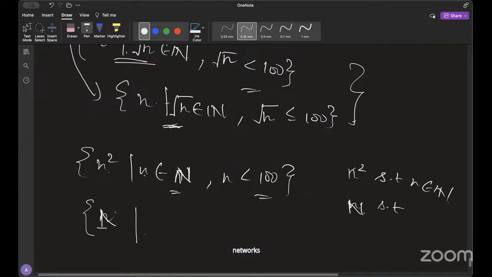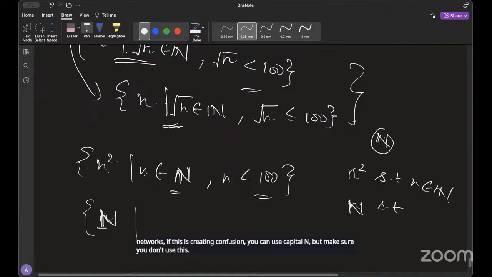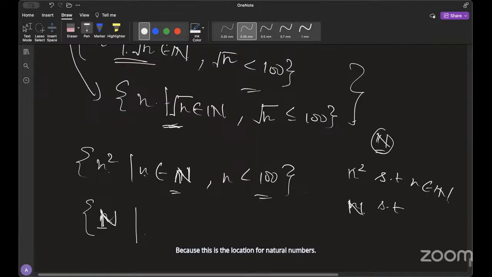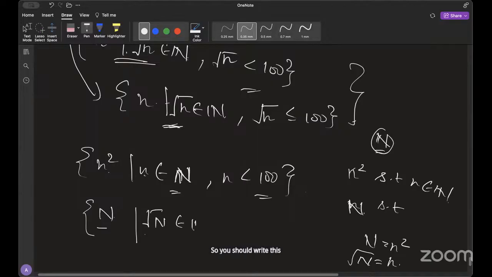If this is creating confusion, you can use capital N, but make sure you don't use this, because this is the notation for natural numbers. So you can use capital N instead, where you take capital N to be equal to n square, right? Now, if your capital N is n square, then what is your n? It's the square root of N, right? So you should write this thing here. Is this much fine?